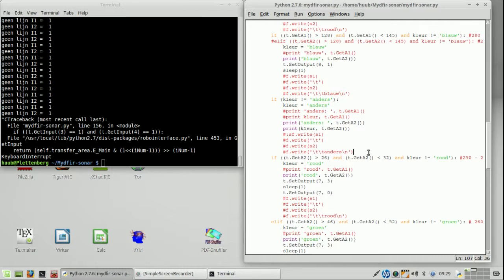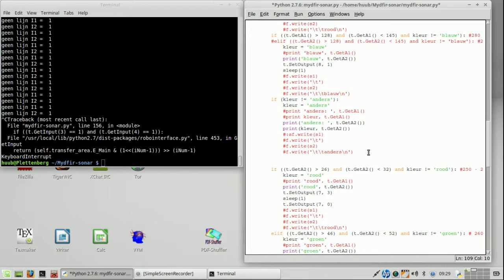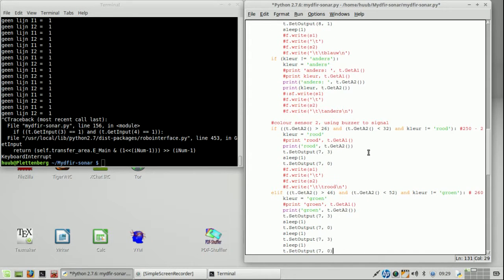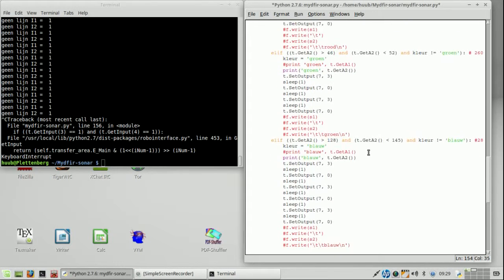So what I can do is making sure that here is a command. Color sensor 2, using buzzer to signal. That's one thing. But that doesn't explain why the buzzer goes off when there is no color at all.